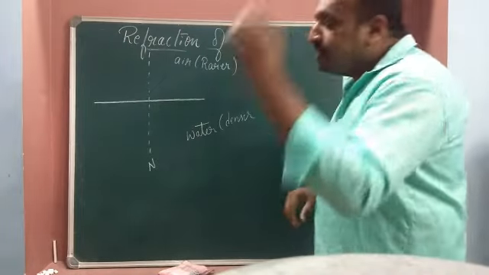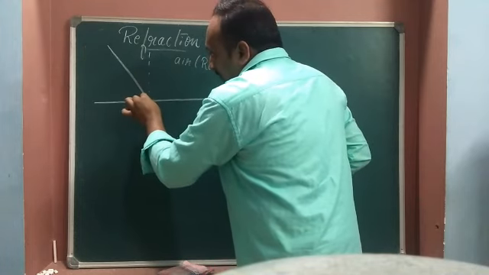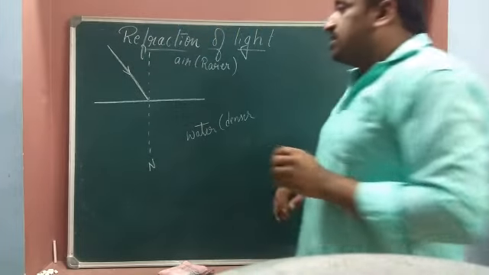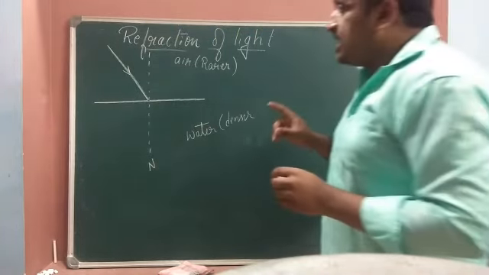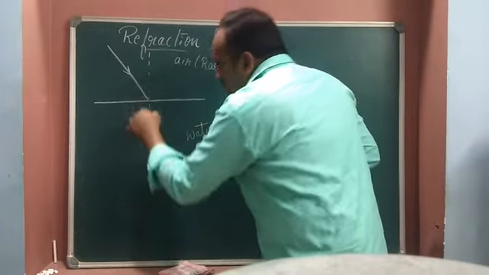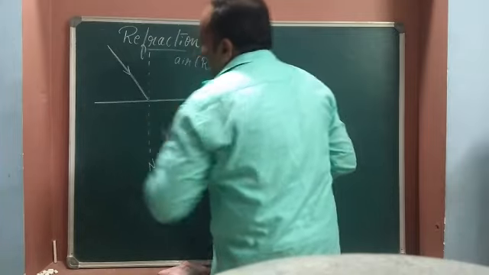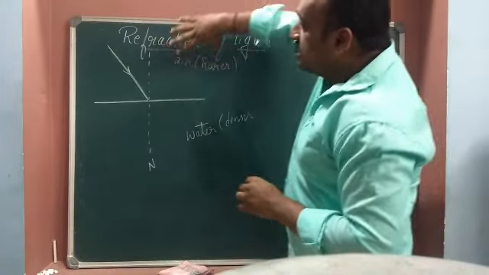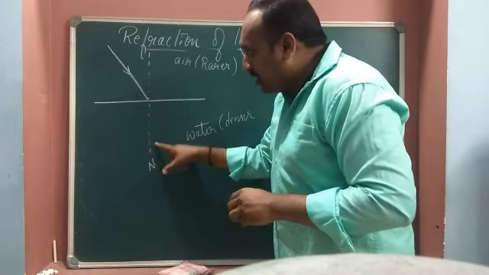See here, let me draw an incident ray. The ray which is incident at the point of incidence is called the incident ray, and a normal is drawn perpendicular to the plane surface. So this is the plane surface which is separating the rarer medium and the denser medium, and I have written a normal.